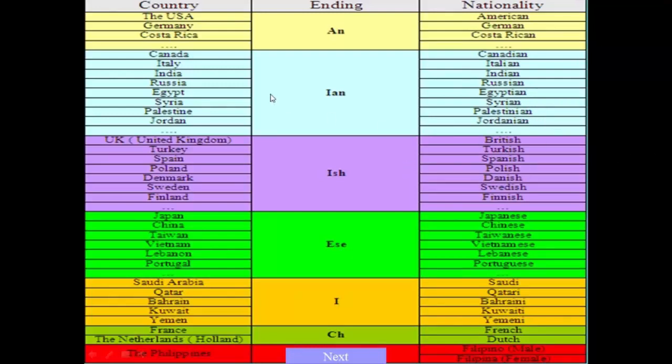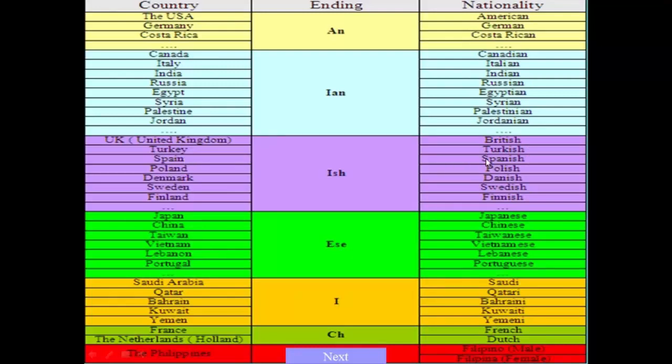Okay, now moving on, we have other parts of the world: UK, obviously United Kingdom, Turkey, Spain, Poland, Denmark, Sweden, and Finland. And for these countries, when we want to talk about people with these nationalities, we use ISH. Okay, so someone from the UK, he's British. Turkish, Turkey, someone from Turkey.